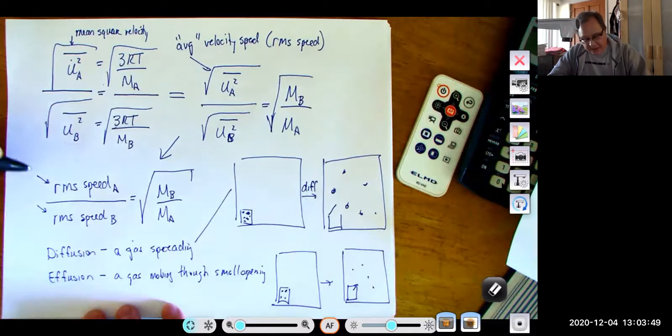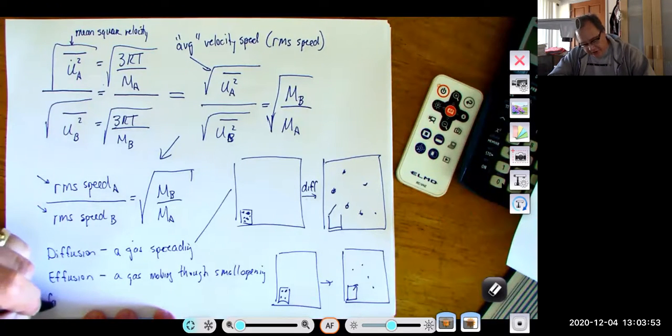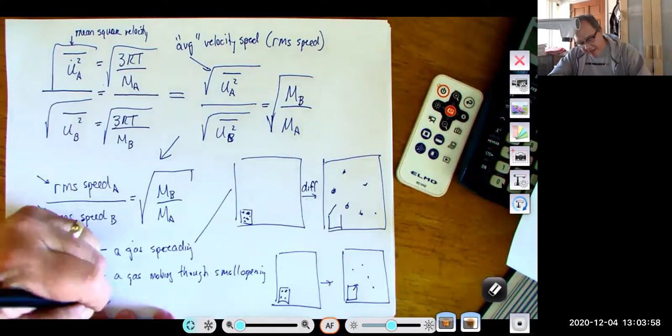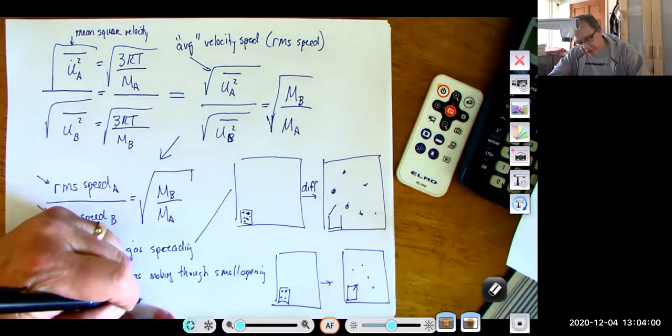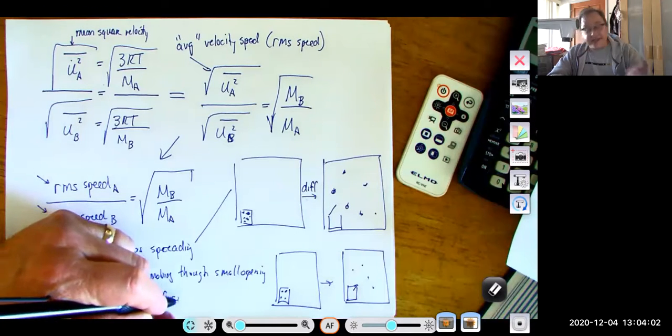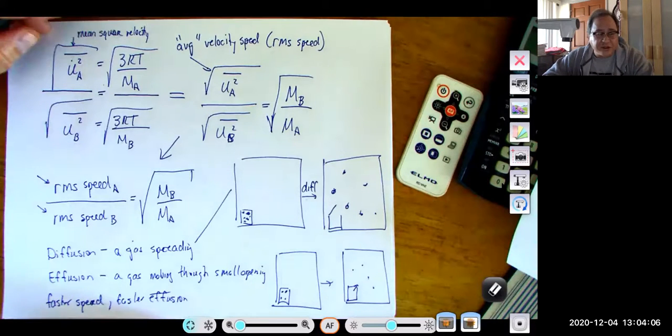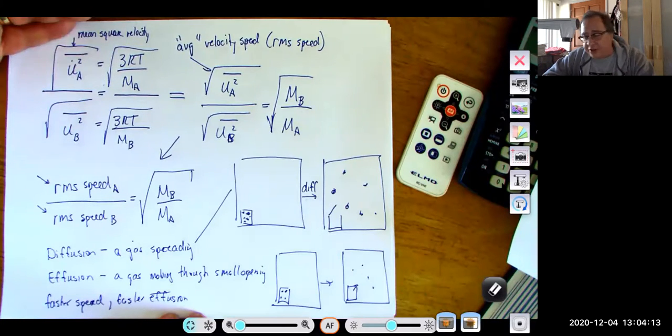Okay, so effusion is a gas moving through a small opening. And here, if you have a faster speed, you're going to have faster effusion and diffusion. Does that make sense, that the faster your speed, the faster you're going to mix, or the faster you're going to get through small openings? Does that make sense?